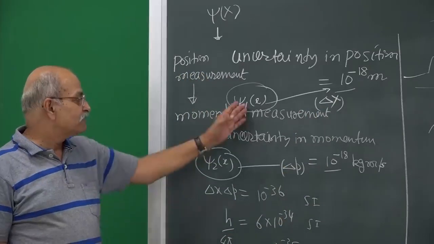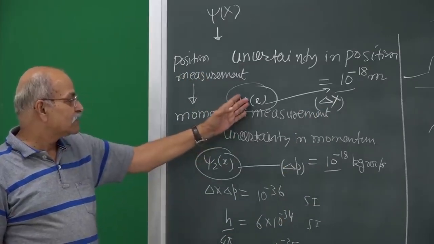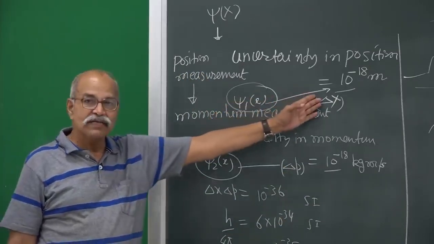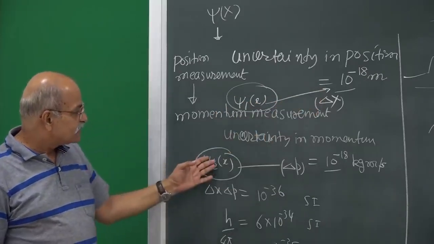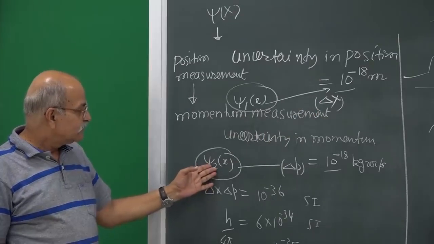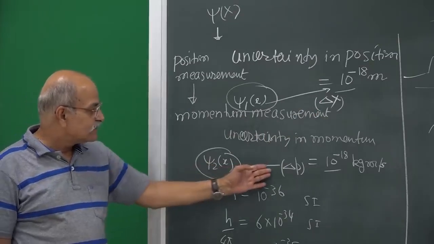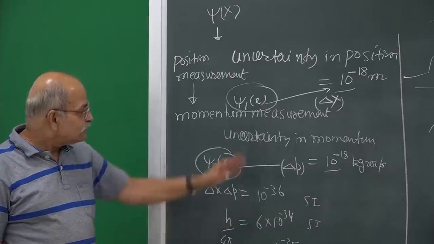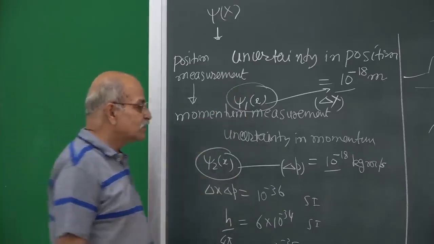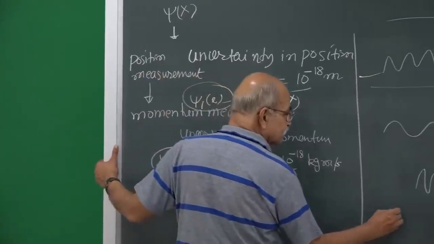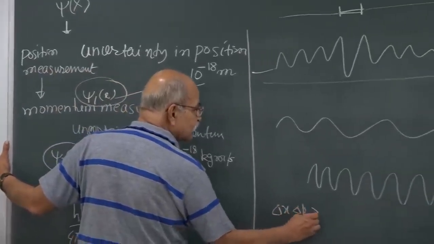If this is the wave function and you want to make a measurement of delta x, you can do that, and it is this. And if you have this wave function and you want to make the momentum measurement, then this will be delta p. Therefore they are not related by the Heisenberg uncertainty principle, which says that delta x times delta p should be greater than or equal to h cross by 2.